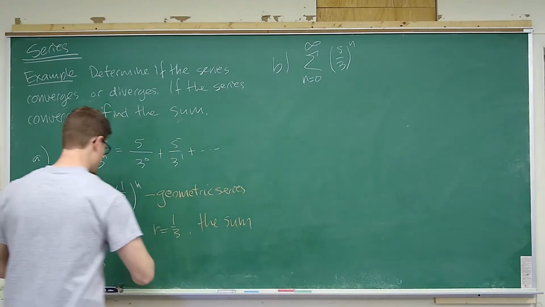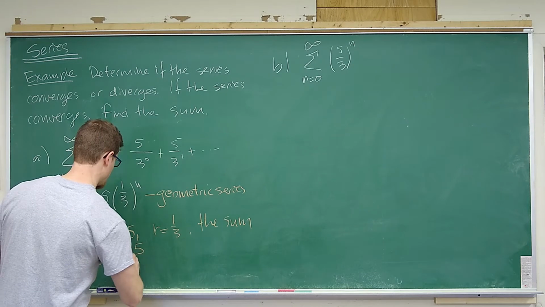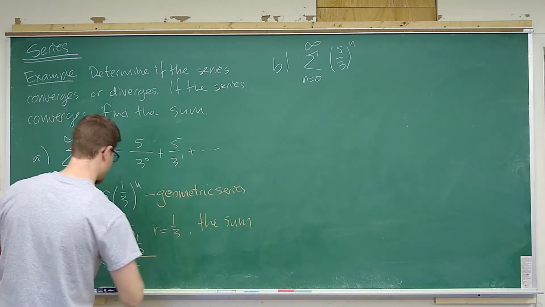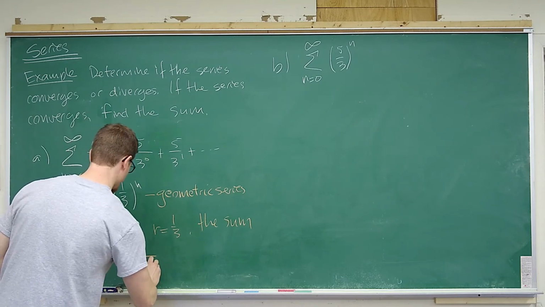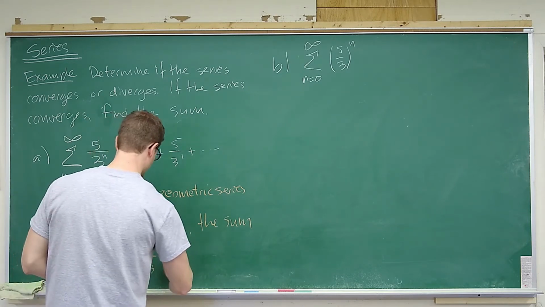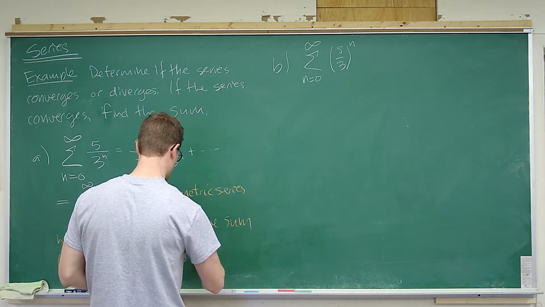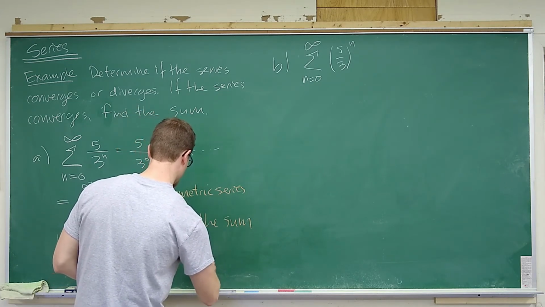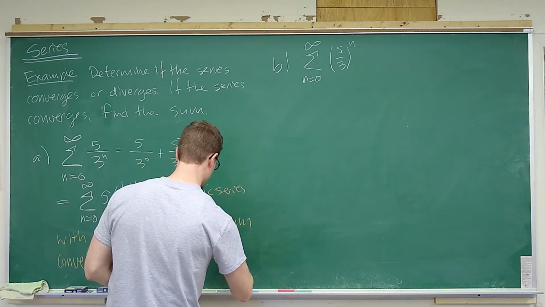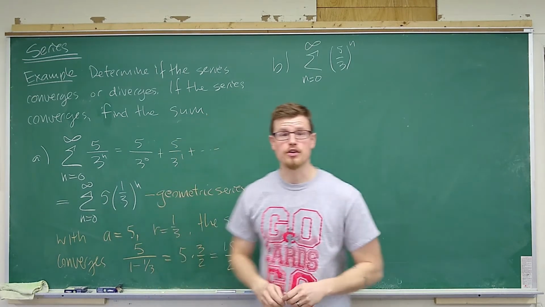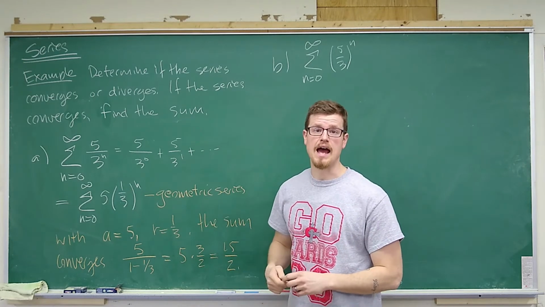Again, that's going to be the A value divided by 1 minus the R value. So 1 minus 1/3. Well, that's just 5 times 3/2, which is equal to 15/2. So the sum converges to 15/2.